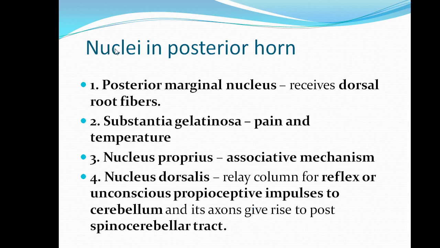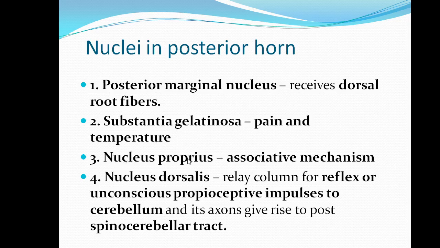Then coming to the nuclei in the posterior horn. The posterior horn has four groups of nuclei: the posterior marginal nucleus, the substantia gelatinosa, the nucleus proprius, and the nucleus dorsalis. The posterior marginal nucleus receives dorsal root fibers. The substantia gelatinosa carries pain and temperature sensations.